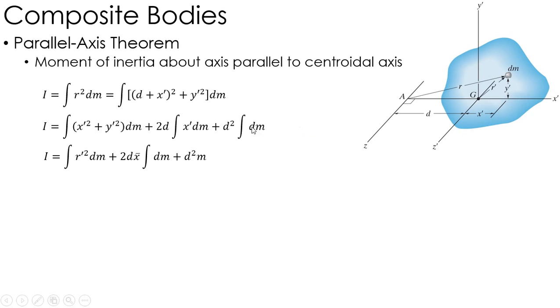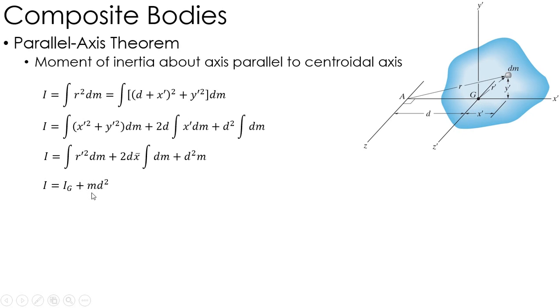Then finally I just have the integral of dm, which is just m. So this middle term goes away because I'm setting it at the centroidal axis. This first term is just the mass moment of inertia about the centroidal axis because it's r prime squared dm. This goes away because again I'm using the centroidal axis, and then I just have md squared.